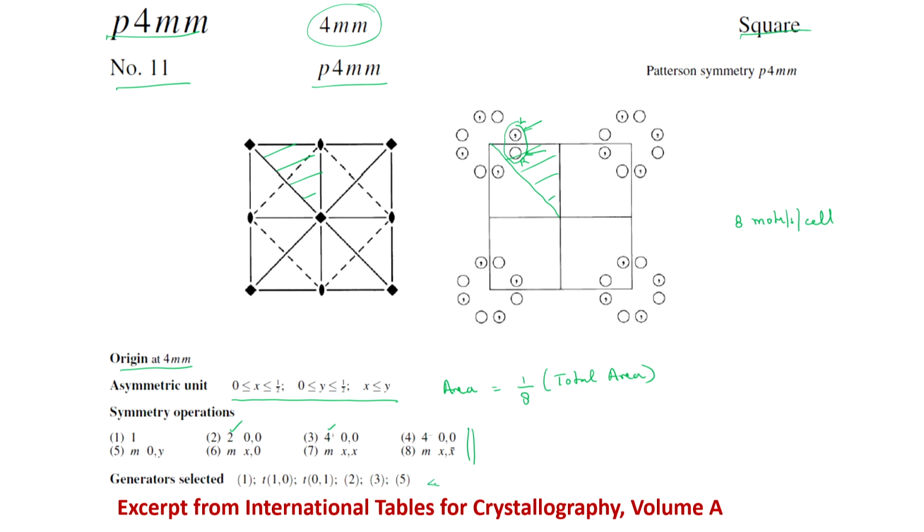This is the minimum set of generators, identity, then the translations along A, B and C, then the symmetry. This one number 2 is this one, number 3 is I am referring to this one, and number 4 is represented by this. This is the minimum that is required. So, I think this is clear.